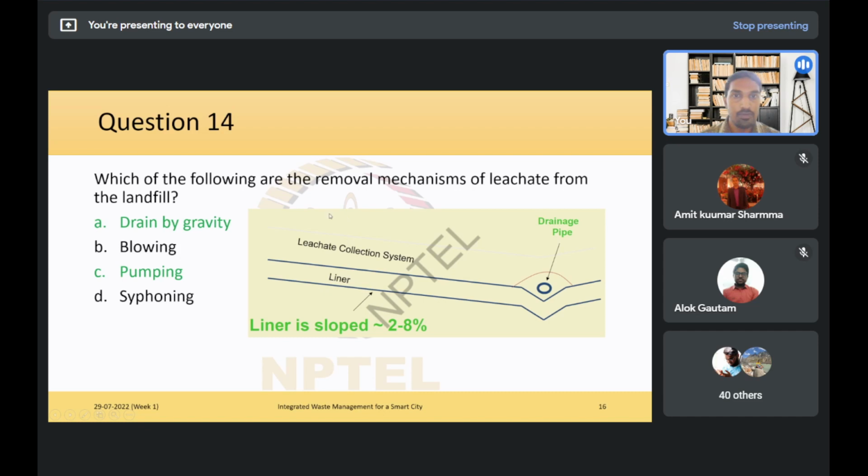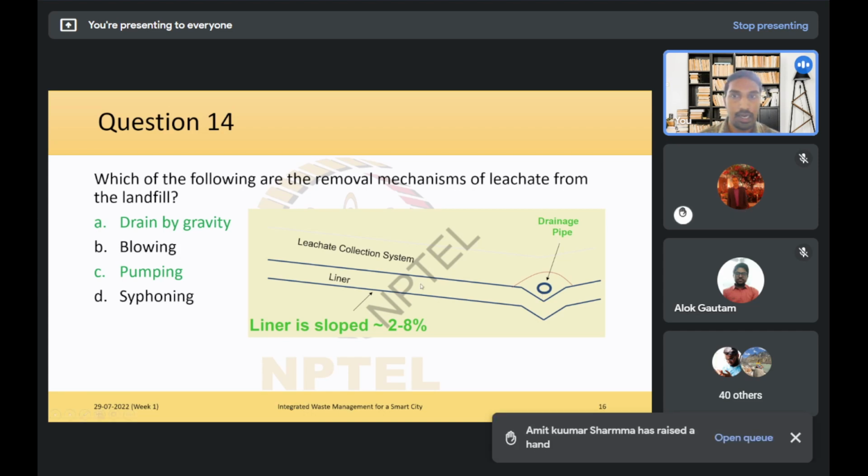From the landfill, the leachate will be percolating into this leachate collection system. Because of the slope and the effect of gravity, the leachate that is collected is going to be drained ultimately to this drainage pipe, from which we will take it out of the landfill. So that is one way in which we remove the leachate.